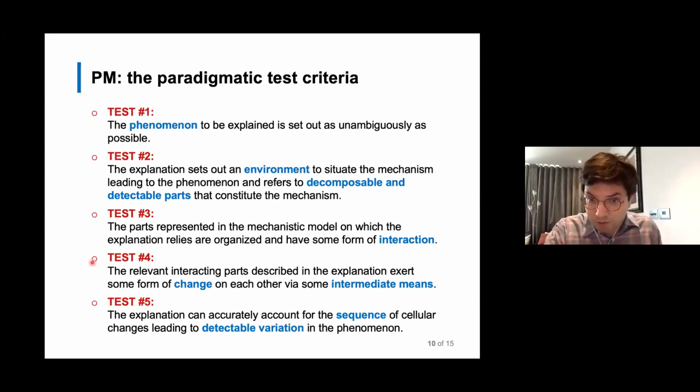Test 4 looks for whether in the explanation we can account for one or more important parts exerting change on another part through intermediate means, and whether those changes, test 5, come in a sequence or whether they're disconnected and so on. I won't go into any detail here, but in terms of the AD amyloid explanation, just take test 3 that looks for interactions.